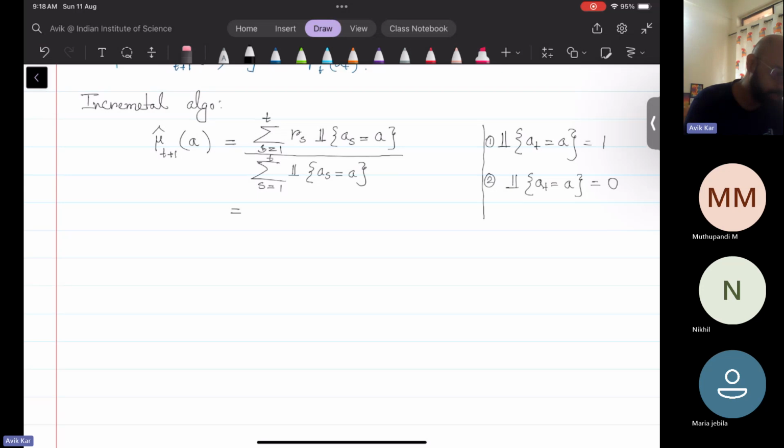You can understand that easily. If it is 1, there will be some changes, and that we can write as some incremental algorithm. So we can separate out S equals 1 to T minus 1 and the other term.